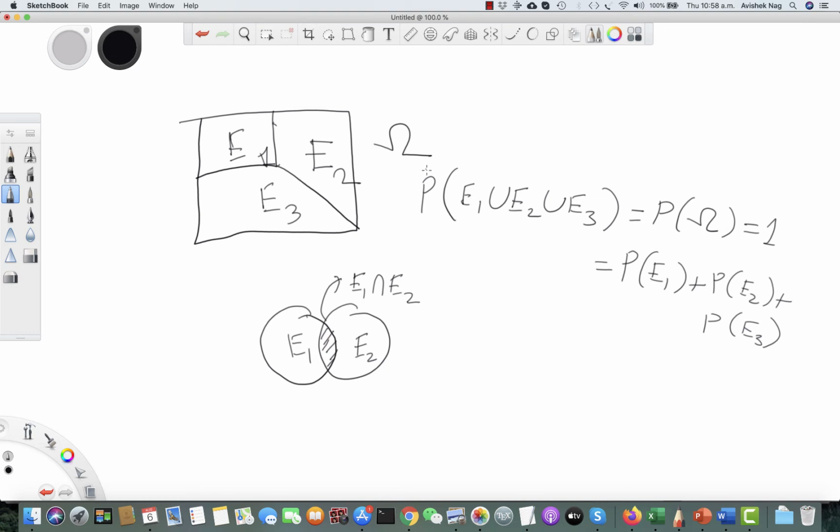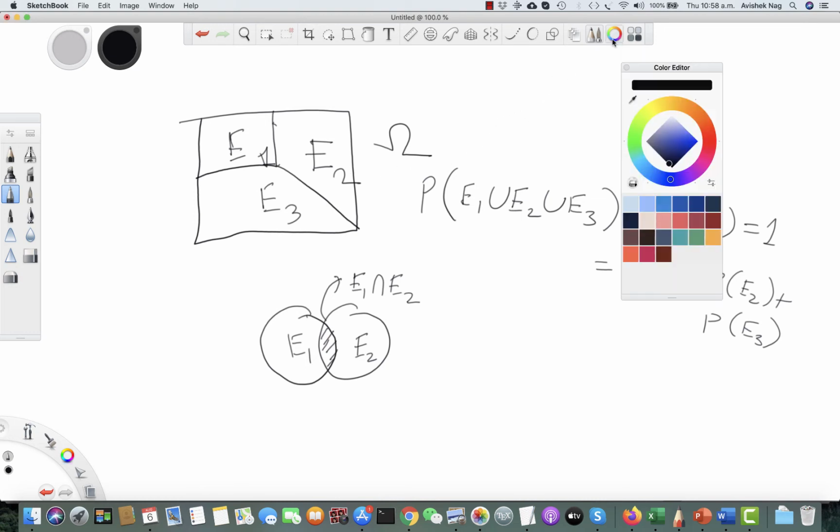Let me choose a different color. Let's say your E1 union E2 is this entire red shaded region.